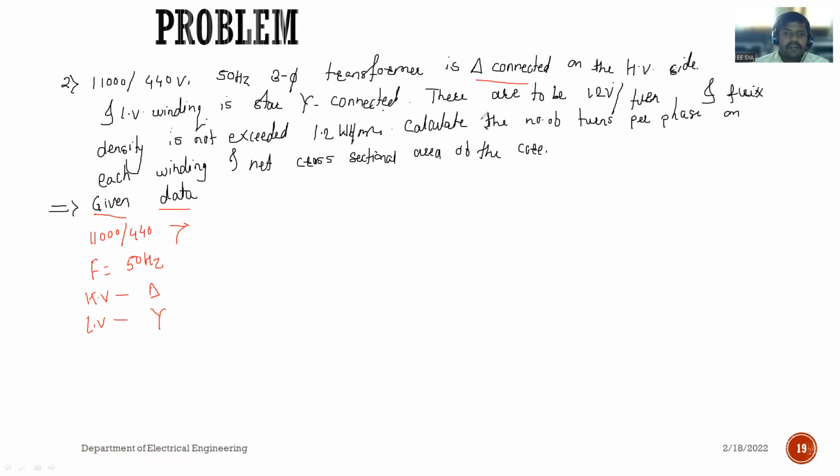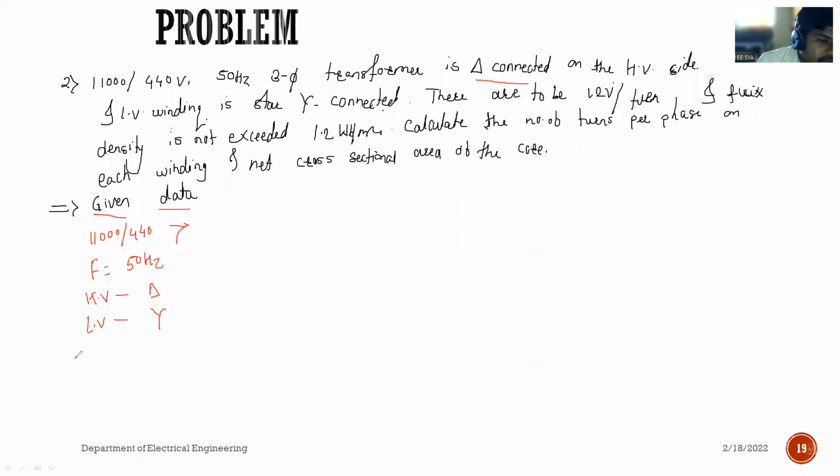There are to be 12 volt per turn and the flux density is not to exceed 1.2 Weber per meter square. So voltage per turn is given, that is, the per turn induced voltage is given. We can write V divided by T, or EPH divided by TPH.